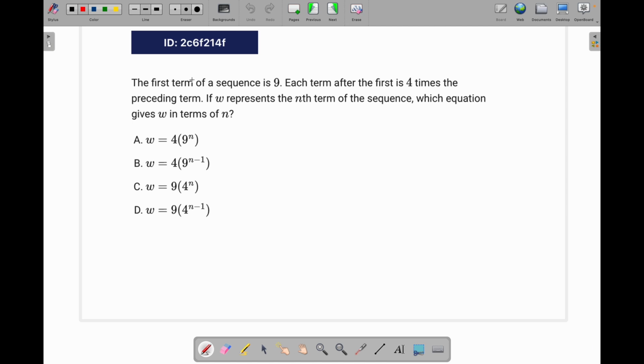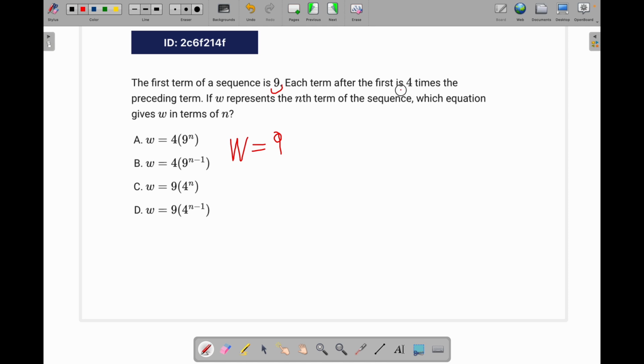All right. Even if you don't look at the answers, you should know this involves exponential functions. We're calling the y in this case w. And let's look at this. The first term, the initial term, is 9. So let's just put this right here. Then we need to find the rate. The rate, it says, is 4 times.